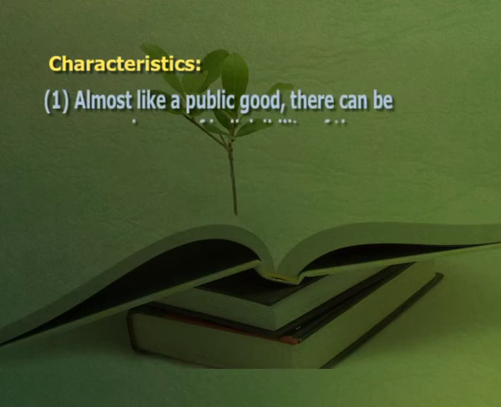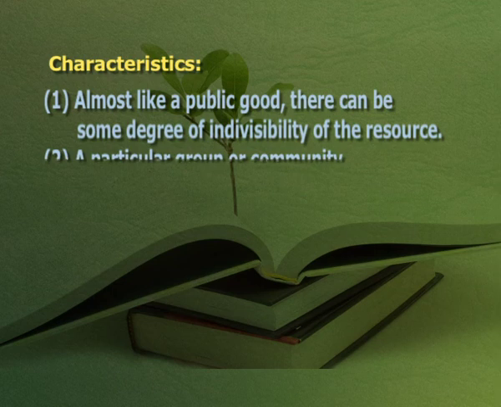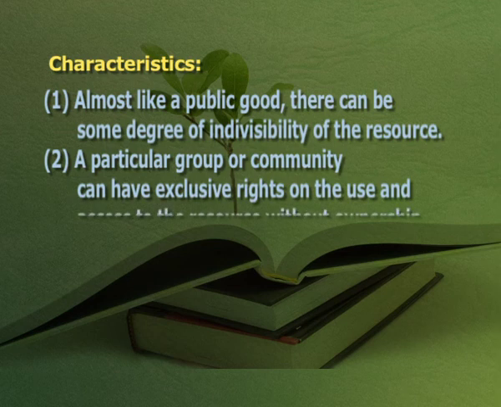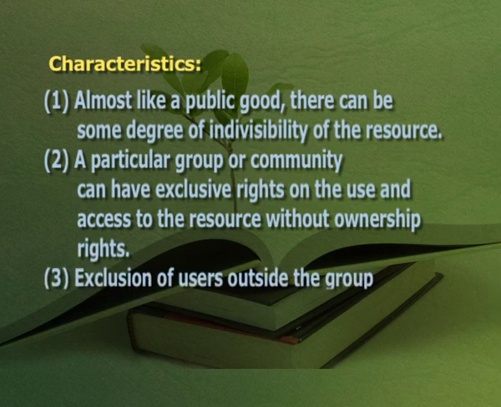On a practical ground, however, there are a few additional characteristics. Number one, almost like a public good, there can be some degree of indivisibility of the resource. Second, a particular group or community can have exclusive rights on the use and access to the resource without ownership rights.